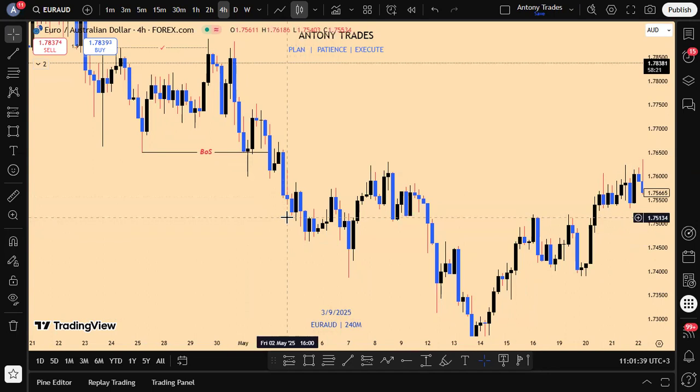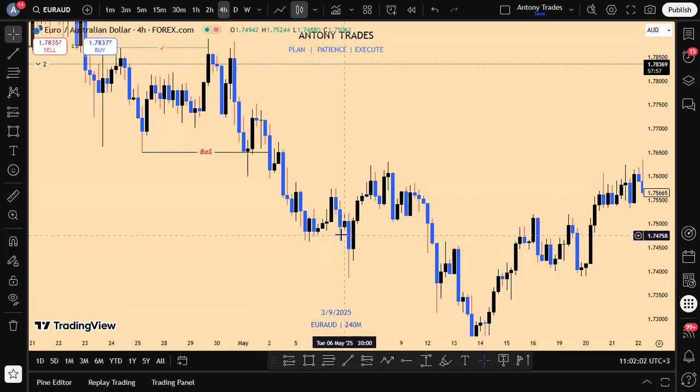Although that is not all I look for when I look for a valid pullback, because I have rules for that. For example, I have to see three consecutive candles that are closing above or below each other. That is one of the major rules that I use to identify a valid pullback. I made that video. You can find it somewhere on my channel.